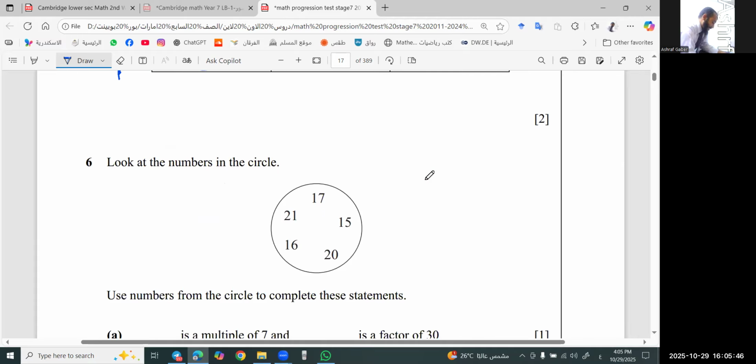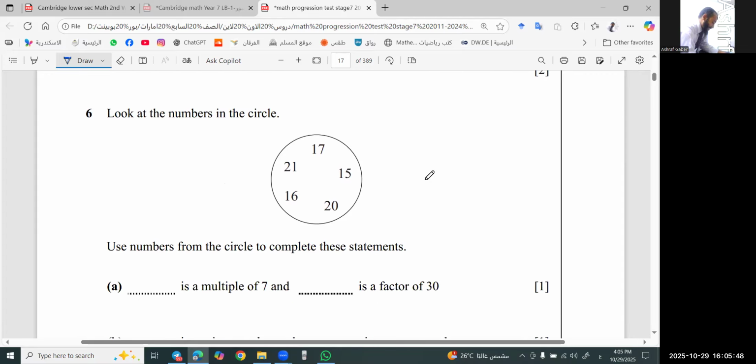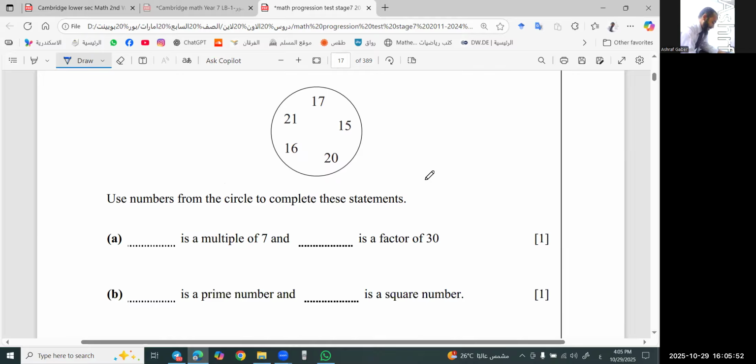Look at the numbers in the circle: 17, 15, 20, 16, 20. Use the numbers in the circle to complete this statement: dots is a multiple of 7 and dots is a factor of 30.